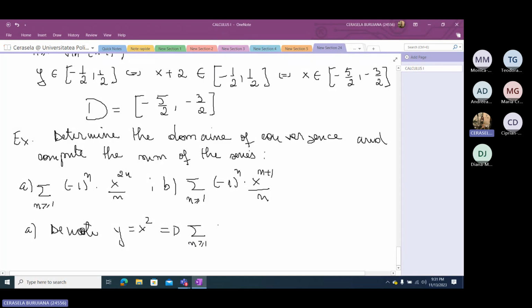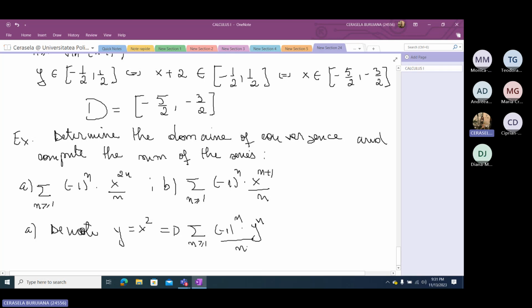But to be clear, for the domain of convergence it's not mandatory to use this change of variables. Okay, but I already took y as x squared, so now we have to continue like this.